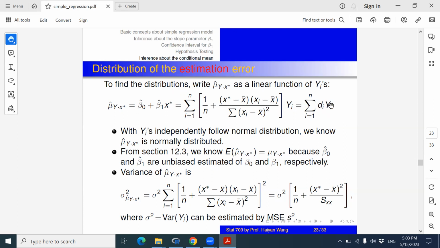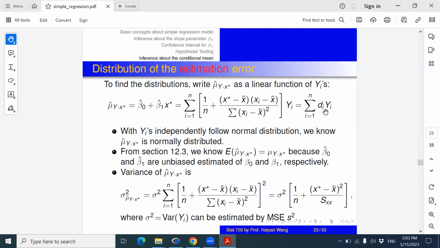When we say it's a linear combination of y, as you see, it's the summation of some coefficient times y. So the d here refers to the whole thing in the square bracket. We do not really have to worry that much about the d, because the d_i are all functions of x. Those are given values. There's nothing random there. So we just call them coefficients.